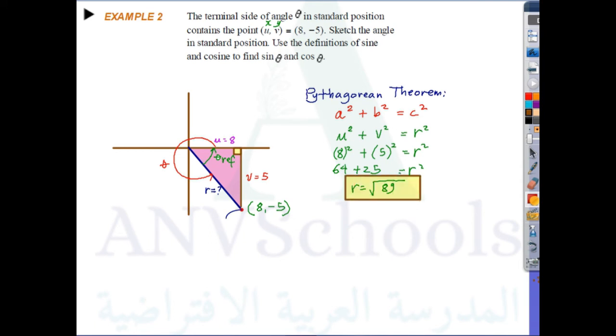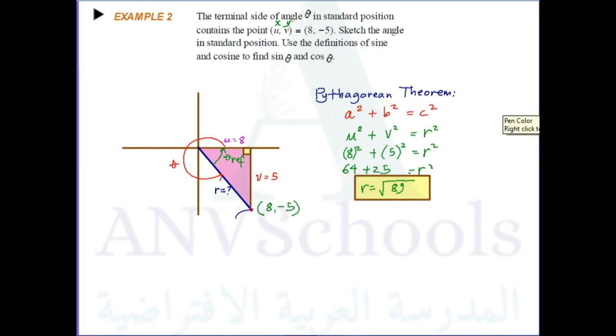Okay, so because we have our r now, then the definition of our sine theta, our sine of theta is equal to sine of 147 degrees. I'm sorry, we don't have our theta. So this is equal to v over r in the definition.